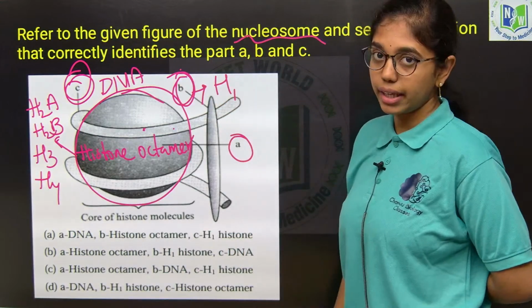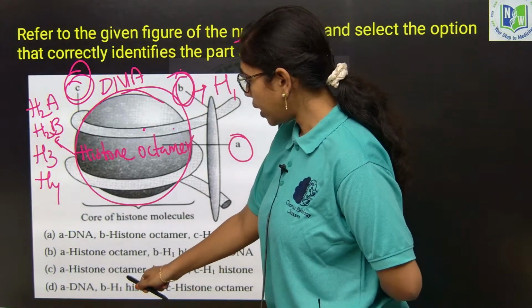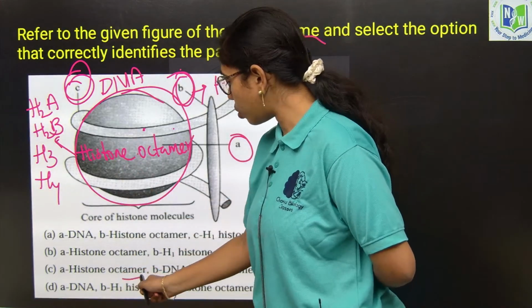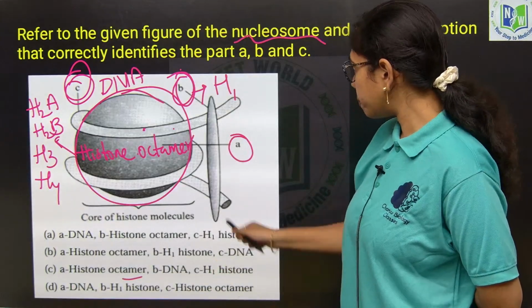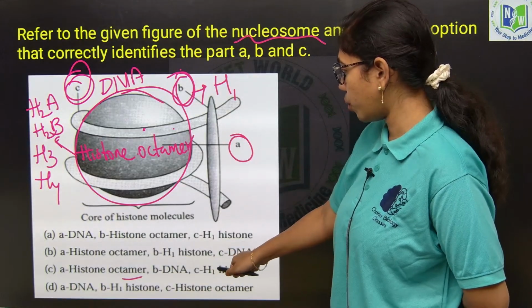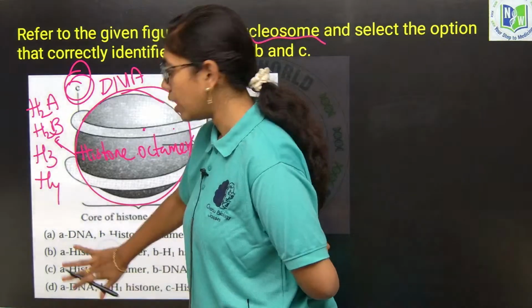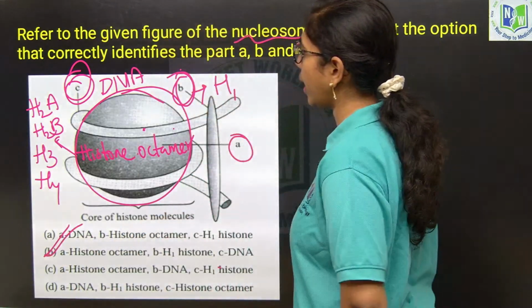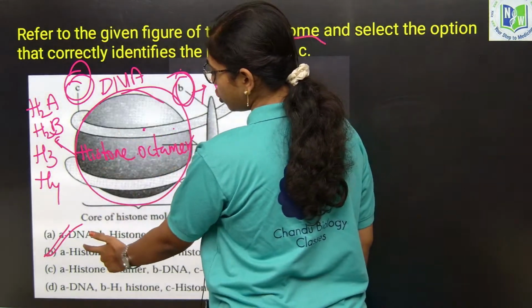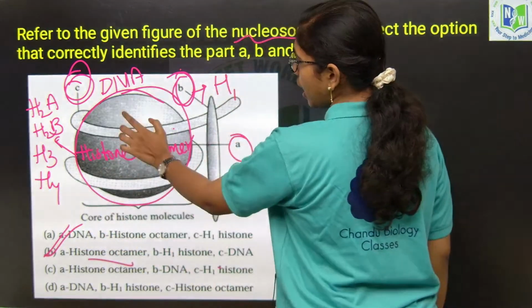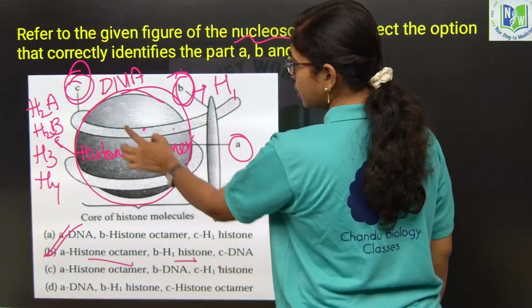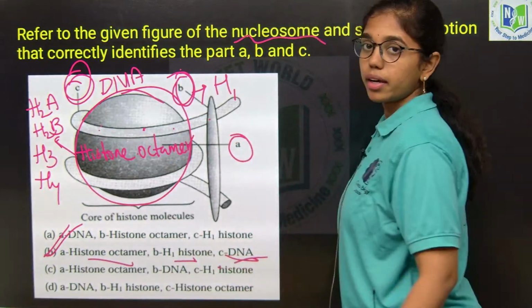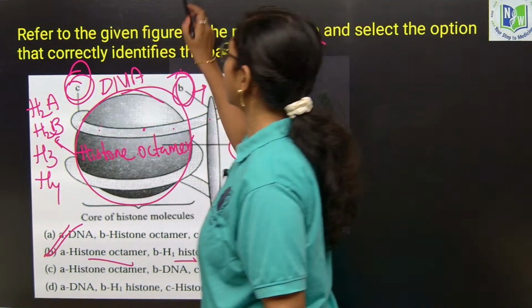So A is histone octamer, B is H1 histone protein and C is DNA. Option B is the right answer. Clear? Next question.